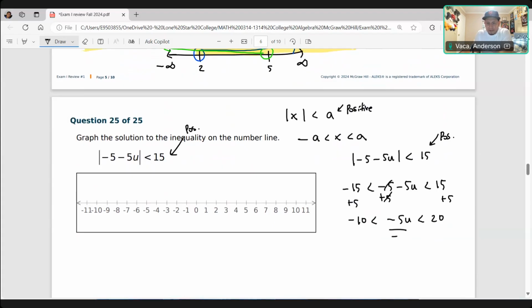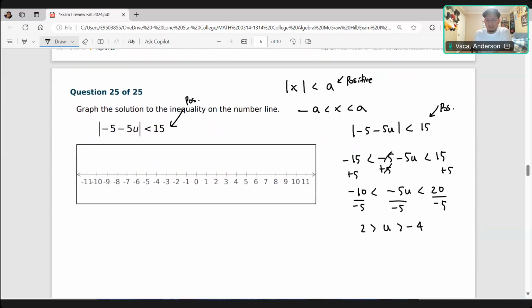Divide by negative 5. We are dividing by, let me say it again, dividing by negative 5. Oh, I remember we flipped the inequality symbols, and this will be negative 4.